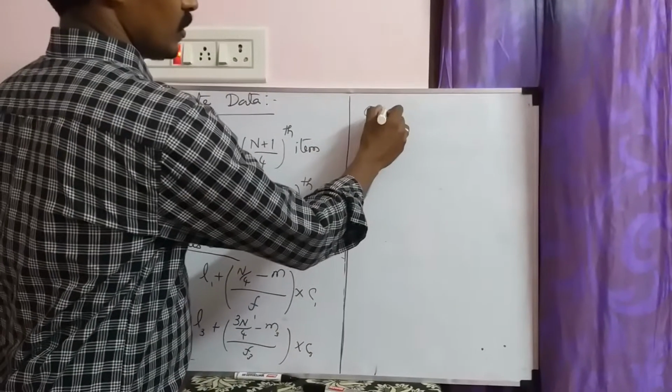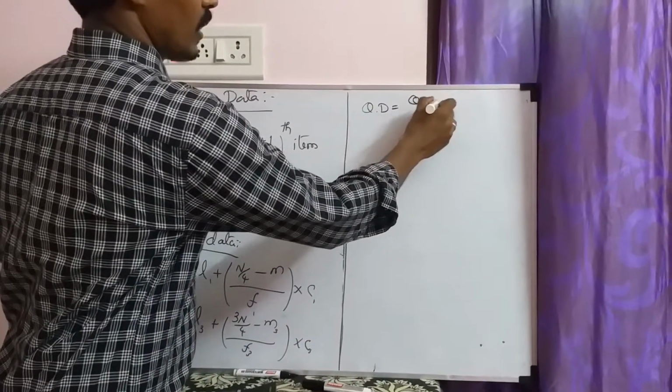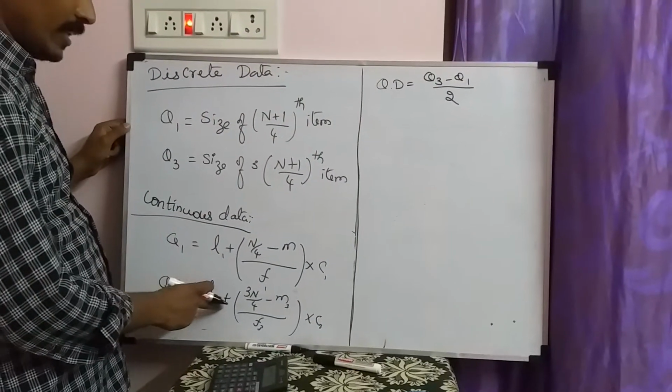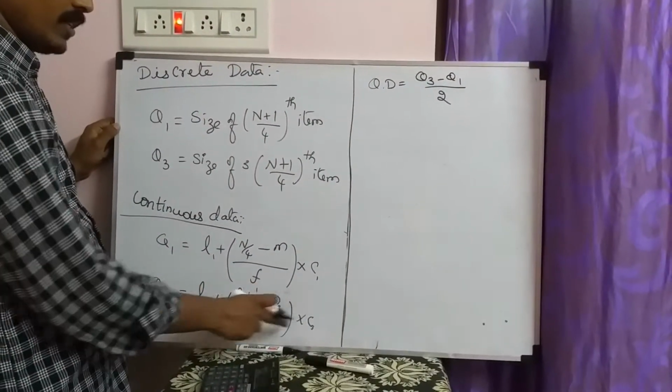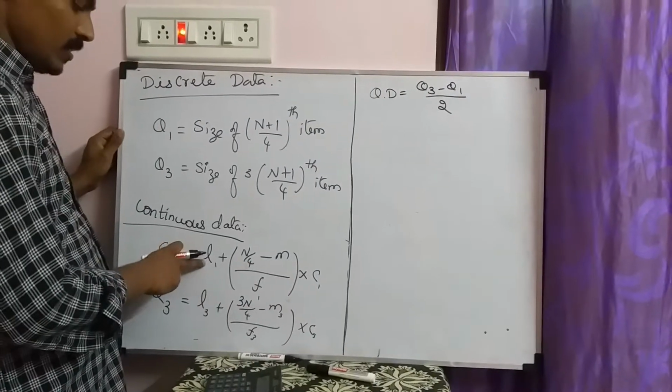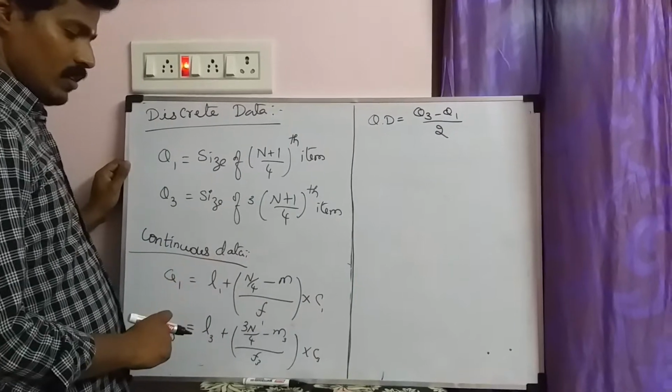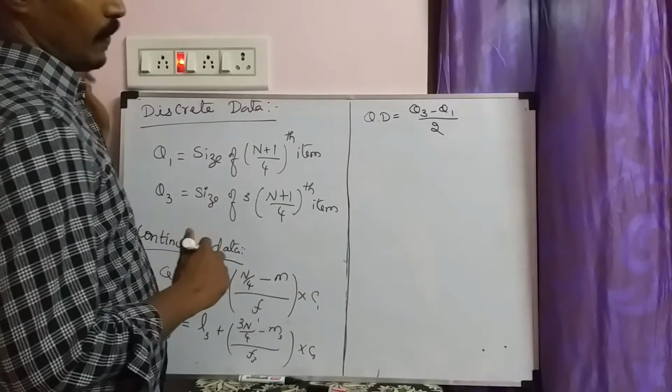QD is the same, Q3 minus Q1 divided by 2.